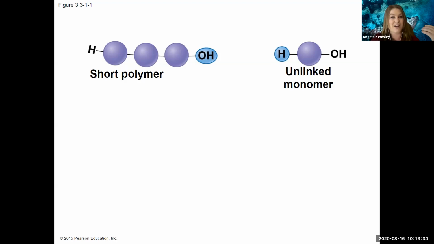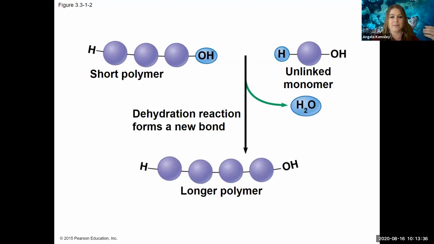So here's where our dehydration reaction is going to come in. We are going to remove the H and the OH. We're going to make a water molecule. So we're going to take that water molecule out, and then the end of the short polymer and the unlinked monomer are going to join together to make a longer polymer. That's a dehydration reaction.